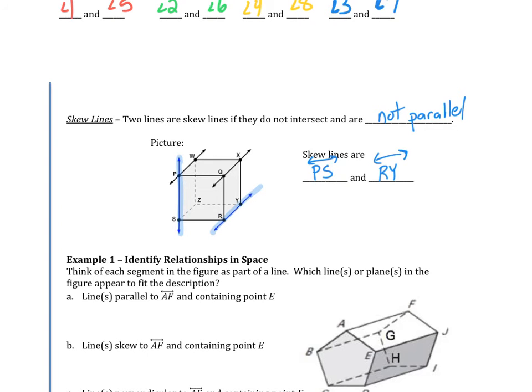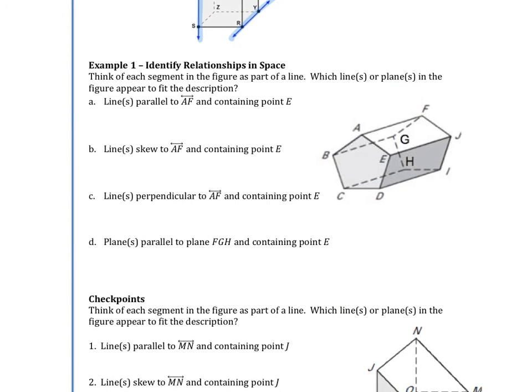Okay? So in our example, it says, think of each segment in the figure as part of a line. Which lines or planes in the figure appear to fit the description? Which line is parallel to AF and contains point E? So here's AF. It's parallel to AF and contains point E. That would be EJ.